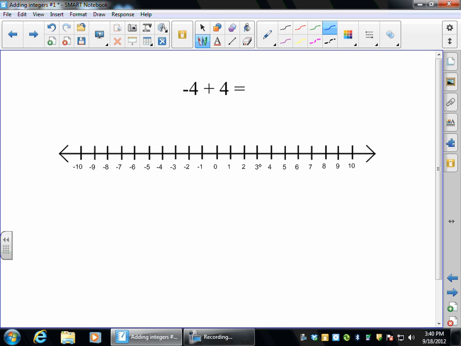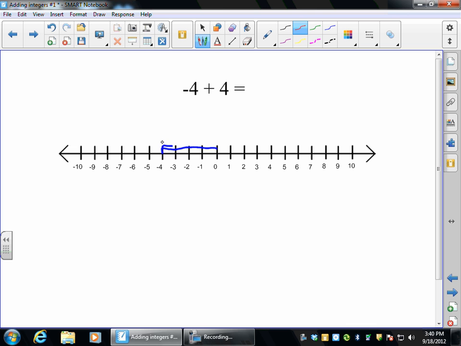All right, negative 4 plus 4. Take a guess what you think that's going to end up being. You probably already know. But if we think about it, again, go back to your number line. Now we're starting down in the negative, so the arrow is actually going to go to the left here. We're starting down at negative 4, but then I'm adding 4, and when I add, I move to the right.